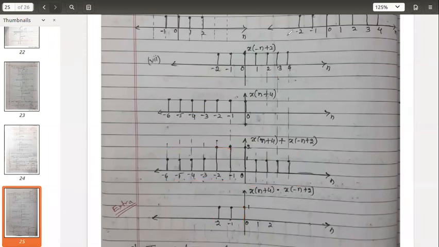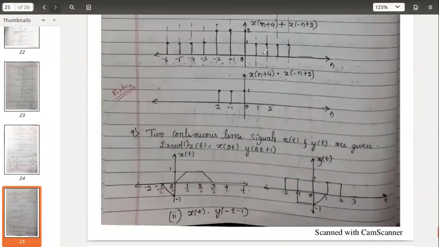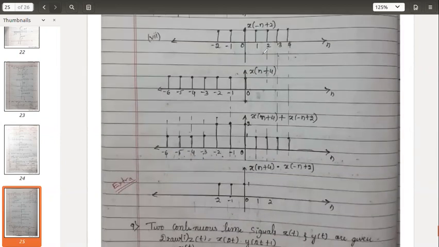So any doubts in this complete problem, please ask me. Any doubts till now in this big problem? There are 7 sub parts in this question. We have solved all these 7 sub parts.